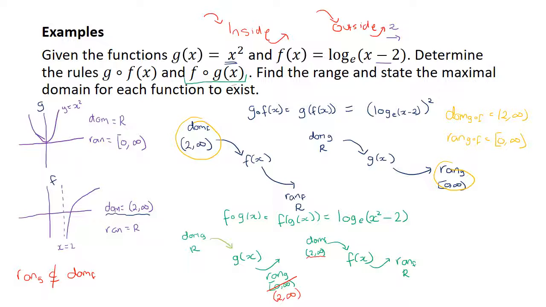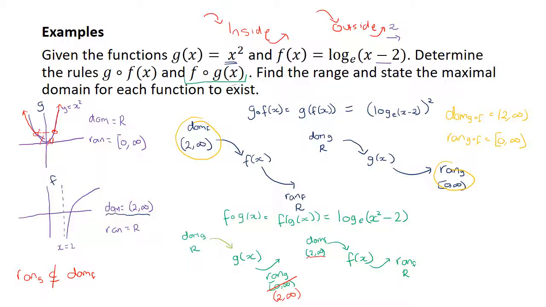Now if I'm only allowed to put values from 2 to infinity, if the range of g has to be from 2 to infinity, that means that the domain of g is going to change. If I'm only allowed to have from 2 to infinity from g, that means I'm only allowed to have from this point here up there, and from this point here upwards there. Not this bit here, because that would be giving me values between 0 to 2, which we cannot substitute in.